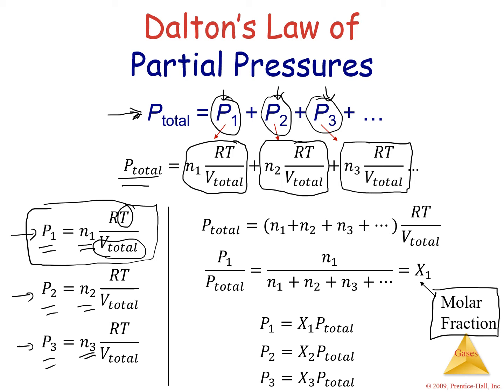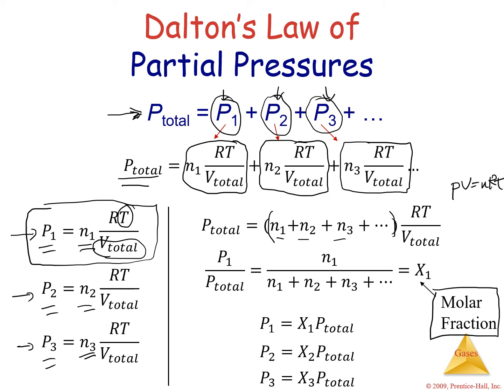So as the common factor, I can pull it out before the bracket, and you can see now that the total pressure is just the sum of the number of moles of individual components of that gas mixture times, of course, RT over V, corresponding to the rearranged equation of PV equals nRT.